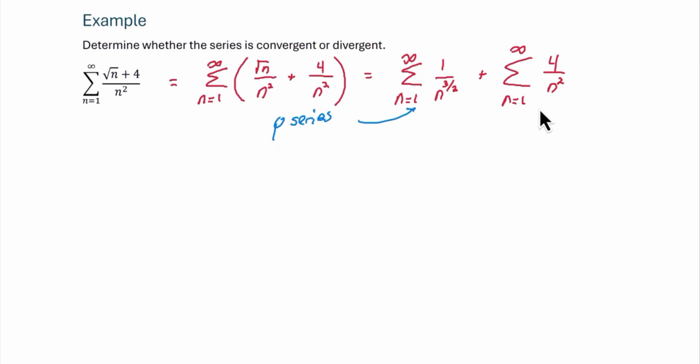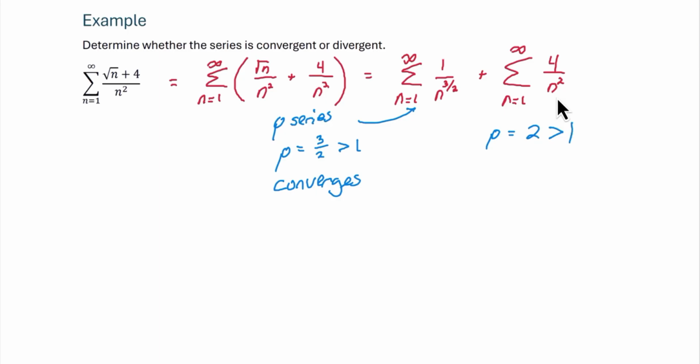This one has a p-value of 3 halves, which is bigger than 1. And when our p-value is bigger than 1, that tells us that the series converges. This series is also a p-series. This time p is equal to 2, which is also bigger than 1.